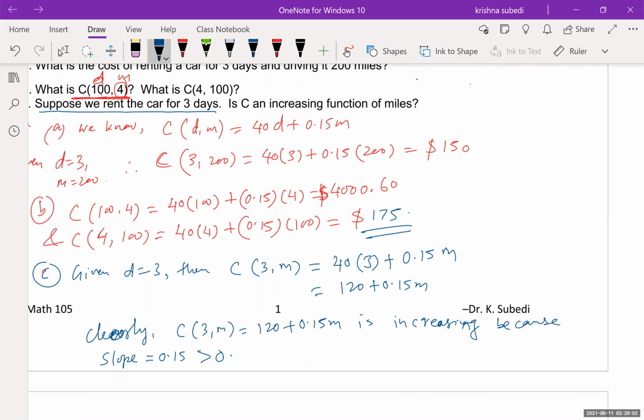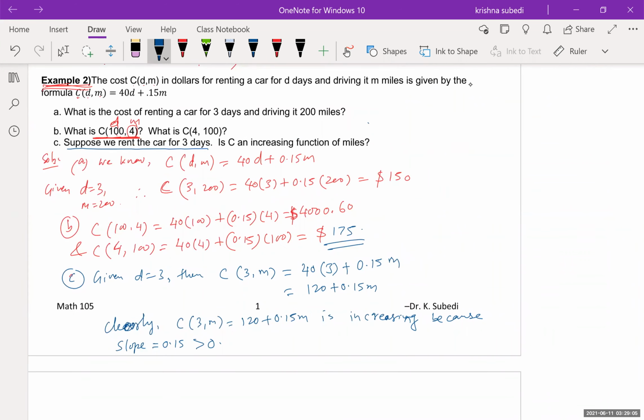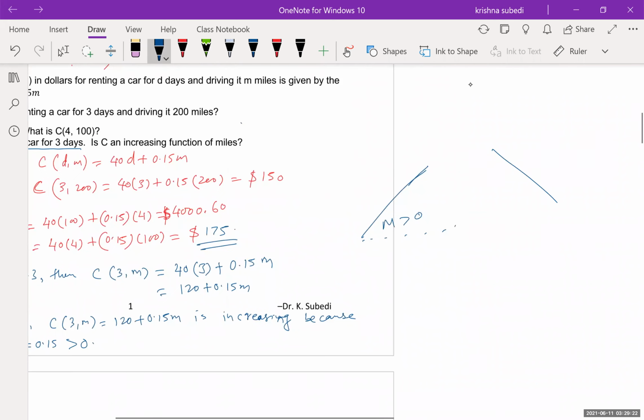And you know from your high school and also from calculus 1, when the slope is positive, then it's increasing. But when the slope is negative, it means it's decreasing.